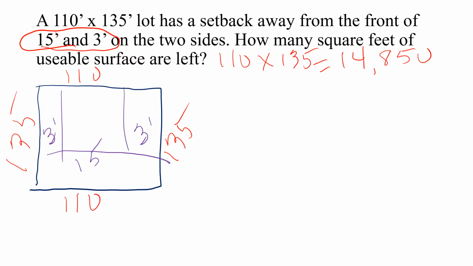So to do that, what we're going to do is 3 feet and 3 feet are 6 feet. So from our 110, we're going to subtract 6 feet. That leaves us 104.